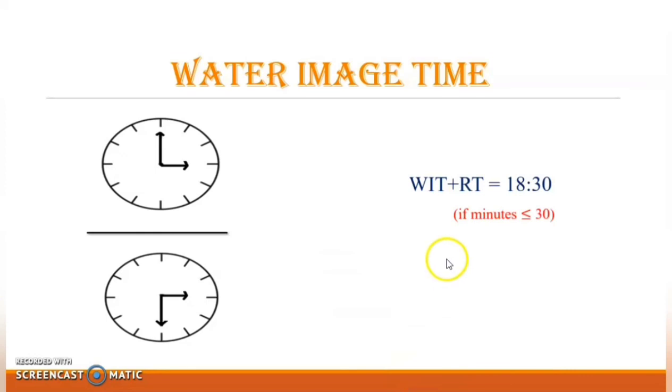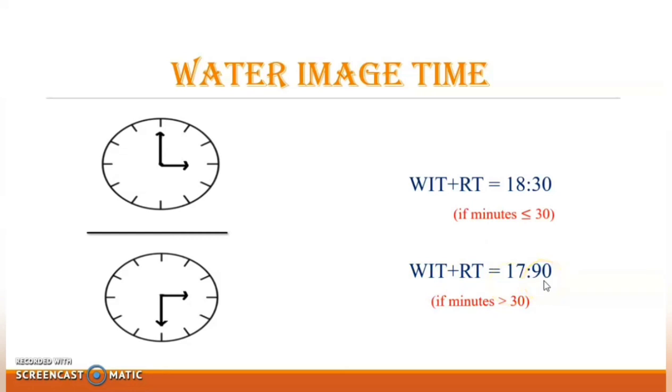Water image time plus real time is equal to 18 hours and 30 minutes. This formula is applicable if the minutes in the real time are less than or at most equal to 30. If they exceed 30 minutes, then we have this formula that says water image time plus real time is equal to 17 hours and 90 minutes.